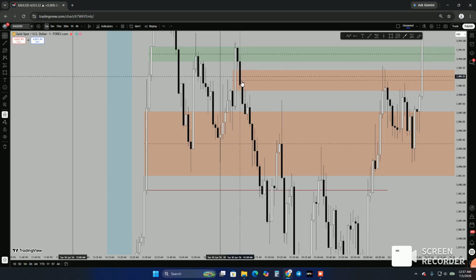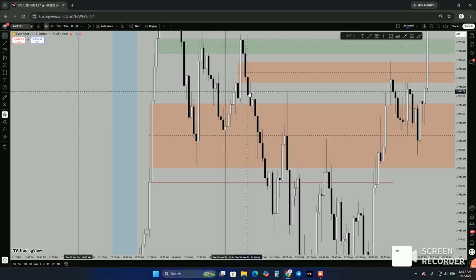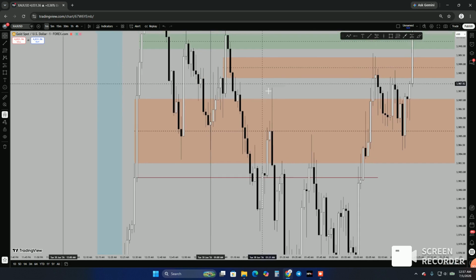If we tapped into this second gap? No. Why? This is the opening. You can see the body closes below the opening. So when you see this kind of information, that the first gap and second gap are not done yet, then you can trade for a while.